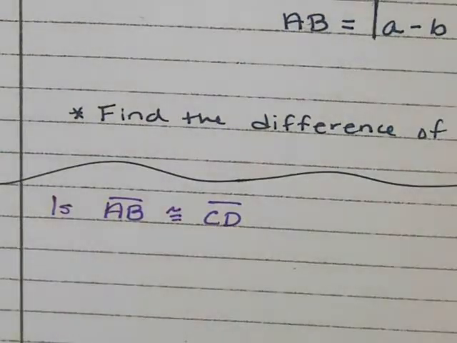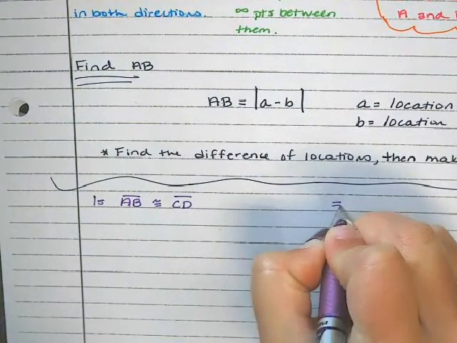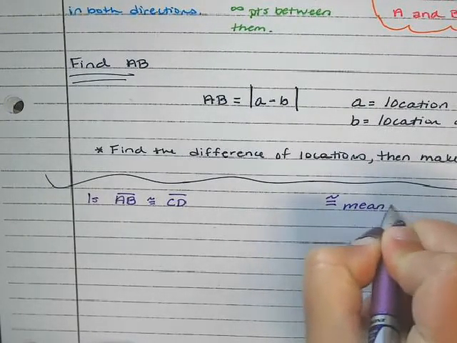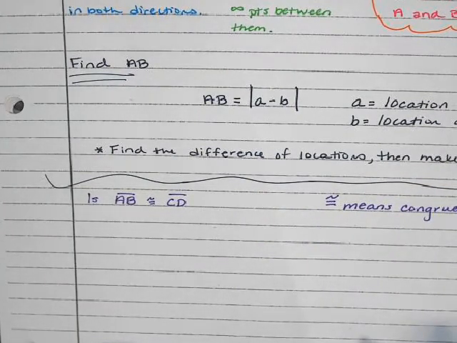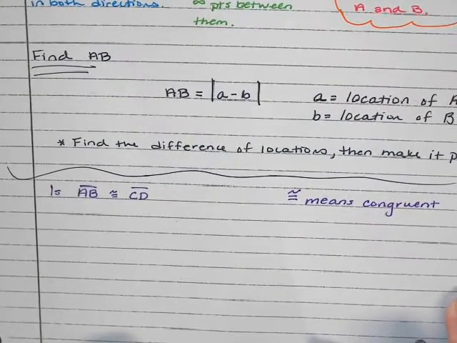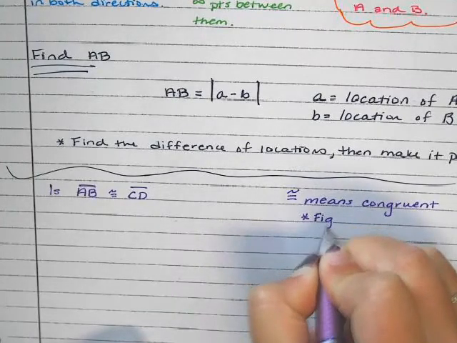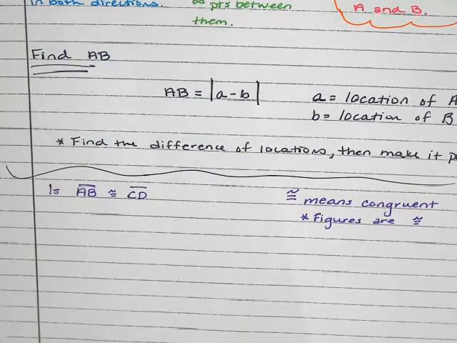Okay. And we'll actually write that off to the side. This symbol means congruent. Now we use that symbol when we're talking about figures. Figures are congruent, meaning it is a very similar word to equal. That's why the symbol looks very similar to equal, other than that little squiggle over top.